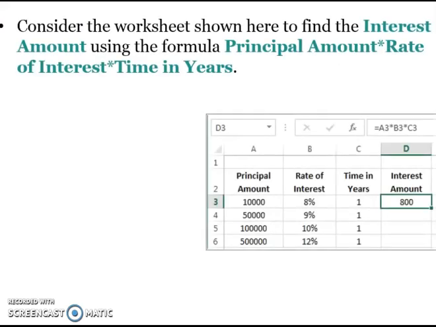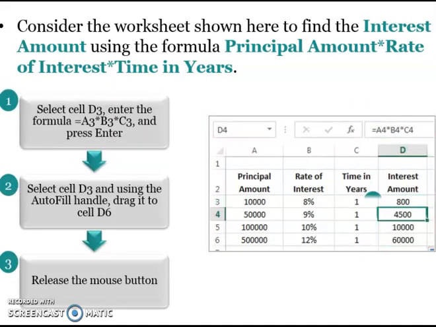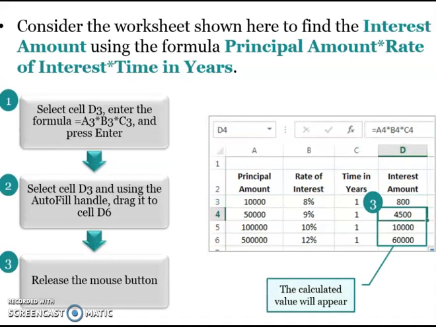These are the examples. Suppose I have taken an example of finding the interest amount using the formula principal amount into rate of interest into time in years. When I select D3, because I want to view the result in the D3 cell, I will enter this formula: A3 star B3 star C3.